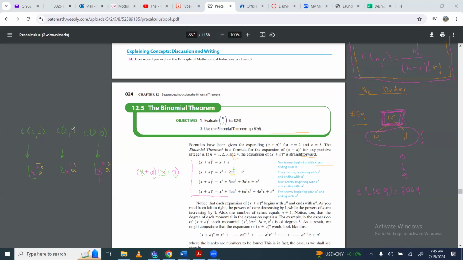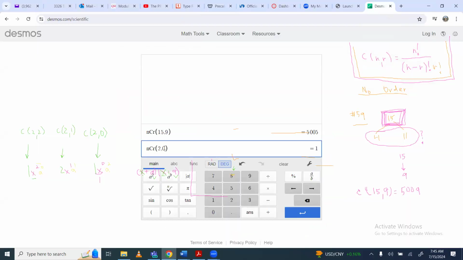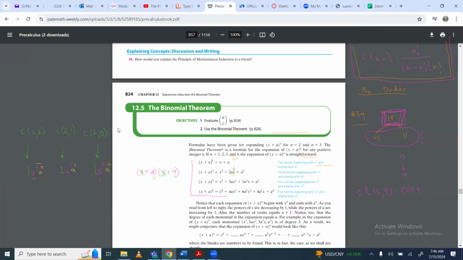So out of 2 choices, I have to choose only one, and it's going to be number 2, as we can see here. And you can see that if I put 2 comma 1, it is indeed 2. It's going to be 2 choices, and that's the coefficient exactly with my middle term. And of course, we'll put plus signs everywhere.